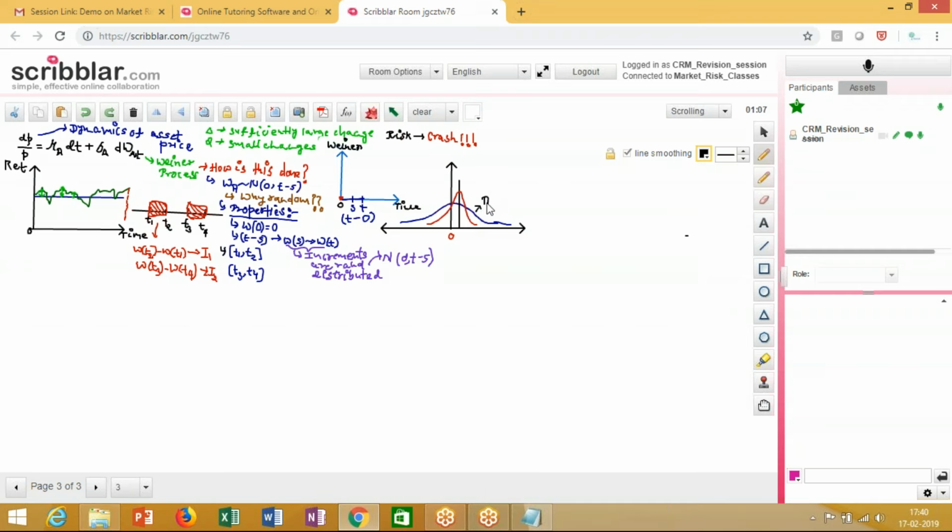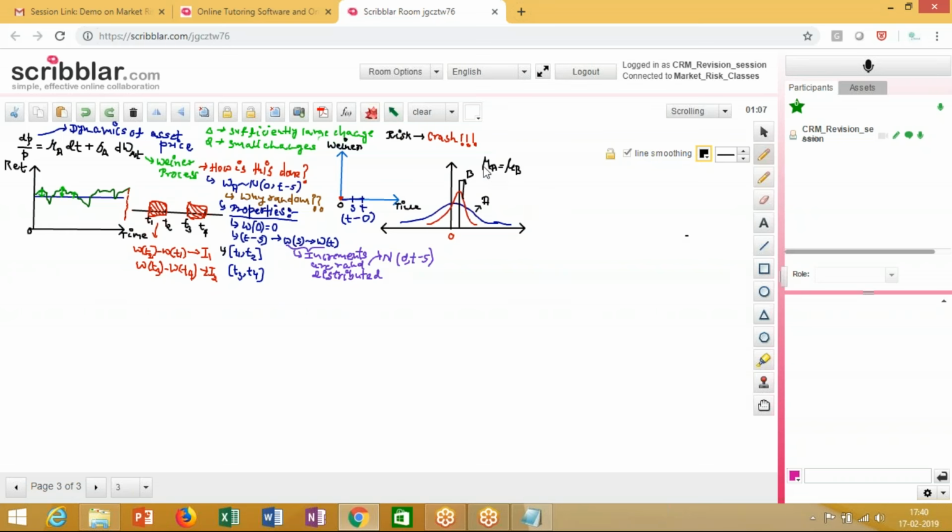This is A and this is B. One thing we can see is that the mean returns from A are equal to the mean returns from B. But the volatility, or the dispersion of the returns, for A is much greater than that of B. The returns in B are more concentrated, so the spread in B is much lower than the spread in A.